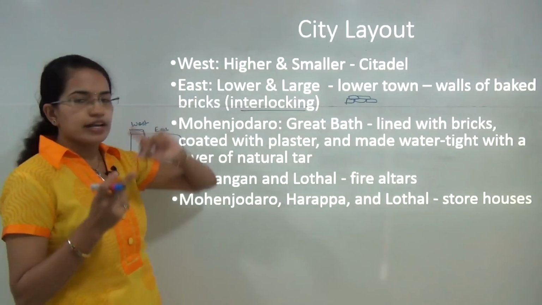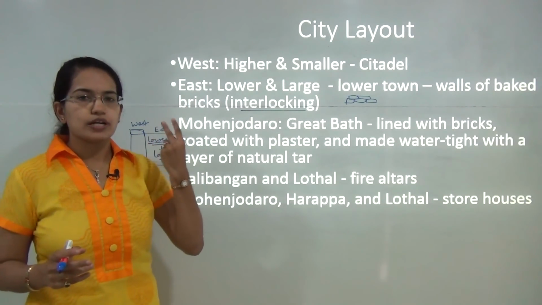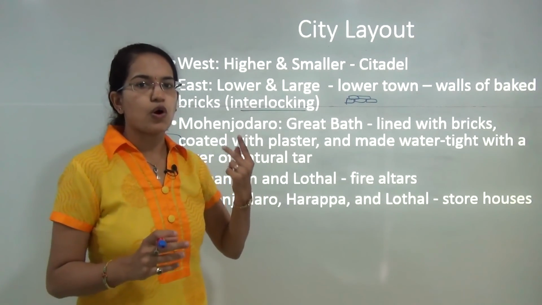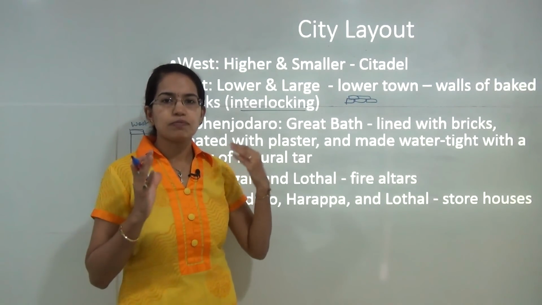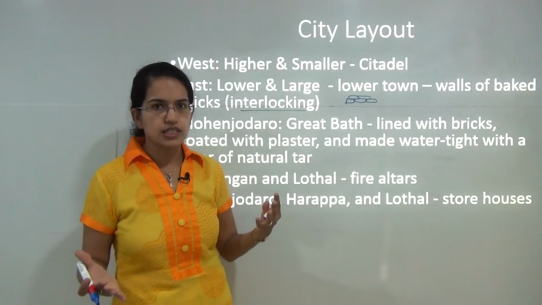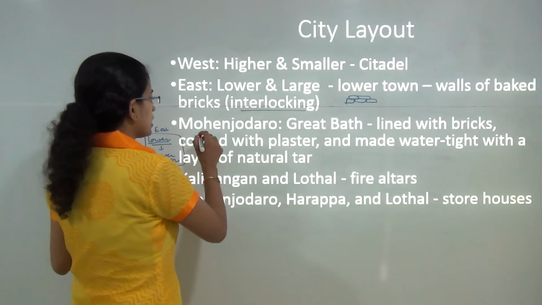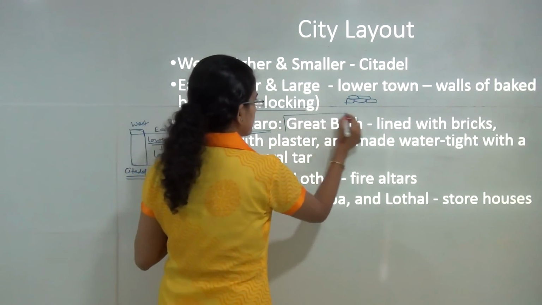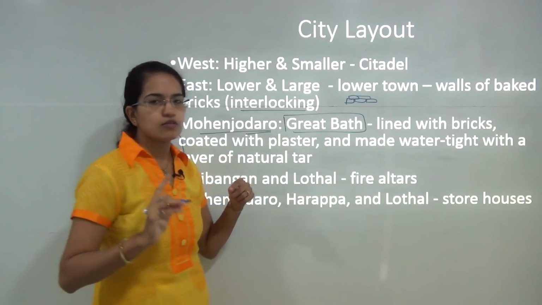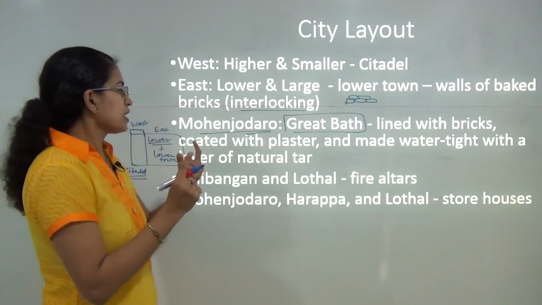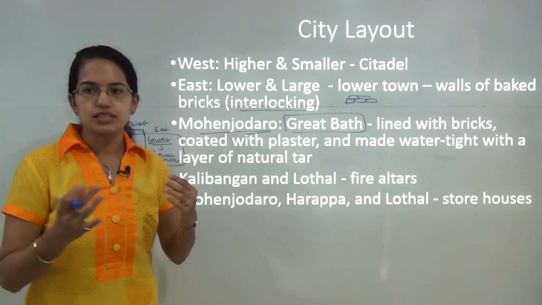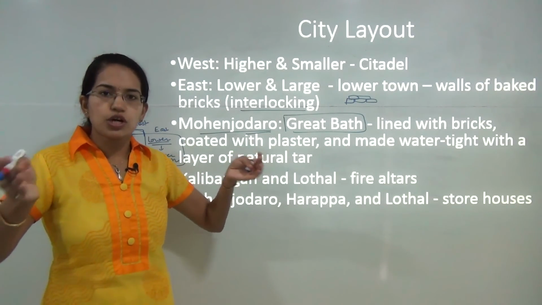Now, Harappa and Mohenjo-daro were the two major regions based on which we can study how the previous civilizations flourished in India. Mohenjo-daro is known for its great bath. This great bath was lined with bricks all over the boundaries, and it was coated with plaster, and therefore it could hold water.